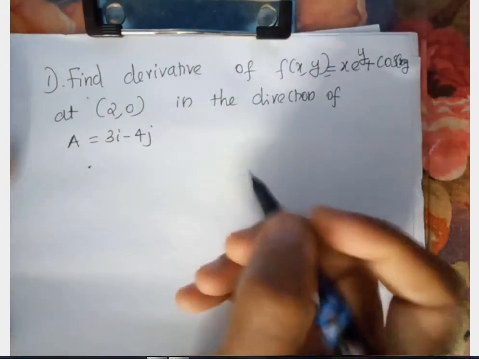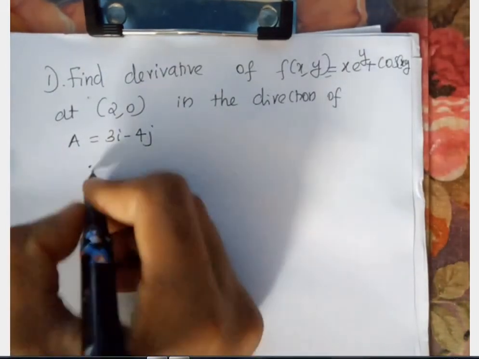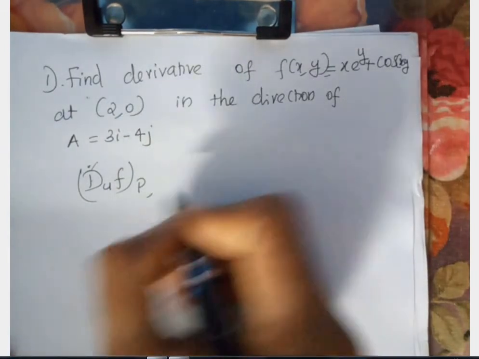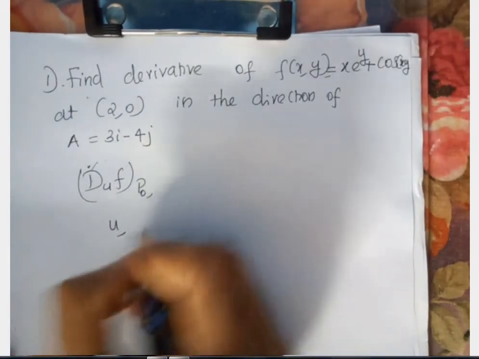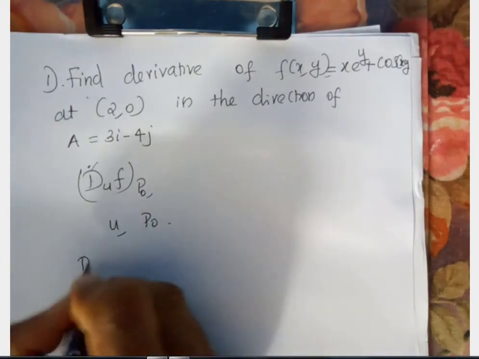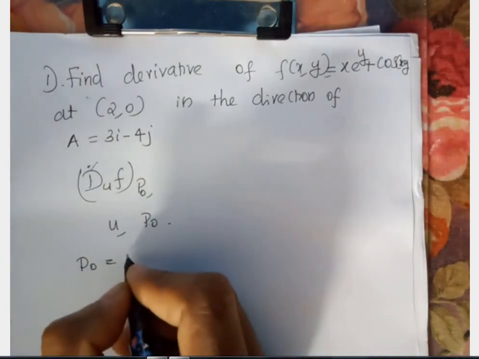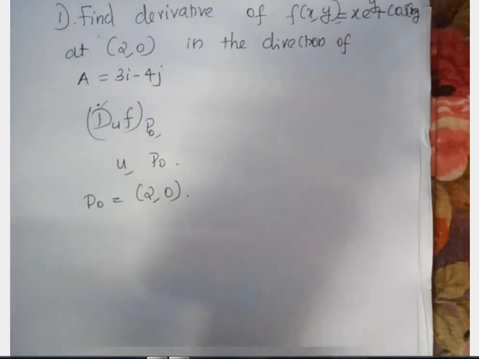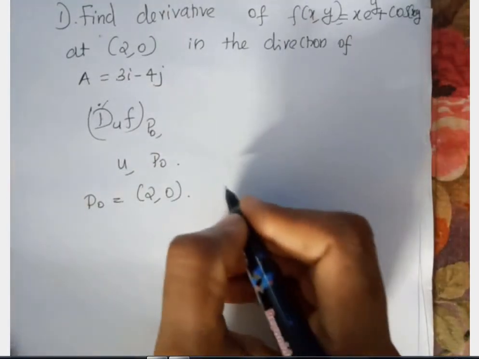So in order to find this D_u f at the point P naught, first we need u and P naught. Here P naught is the point (2, 0), we know that. u means we need a unit vector.